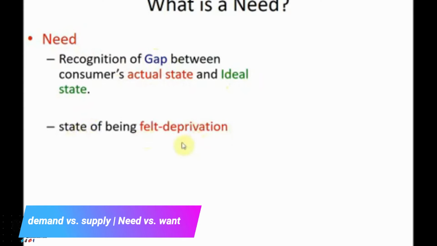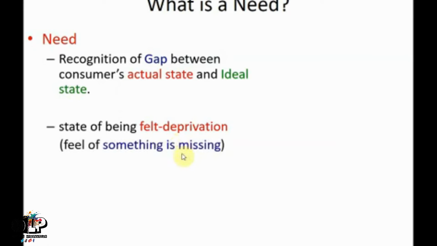Okay, now there's another definition, which is the state of felt deprivation. Felt deprivation means something is missing from your life, and you desperately want to have it, and you have a strong feeling that you should get that. And this is what felt deprivation is all about. So when the marketer says that you feel that something is missing from your life, and you are quite desperate to get it, this is what we call need.